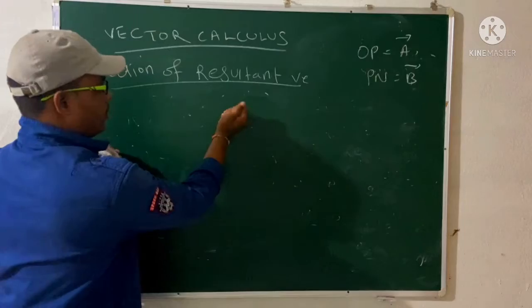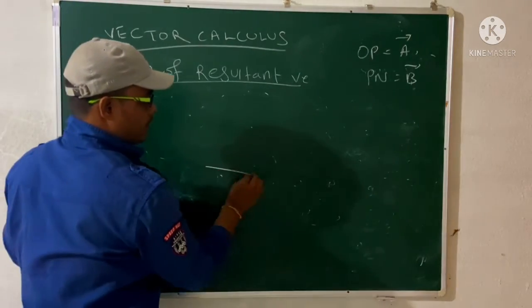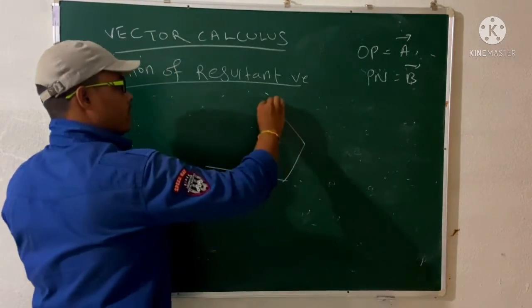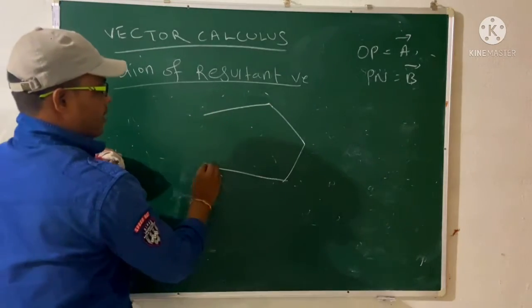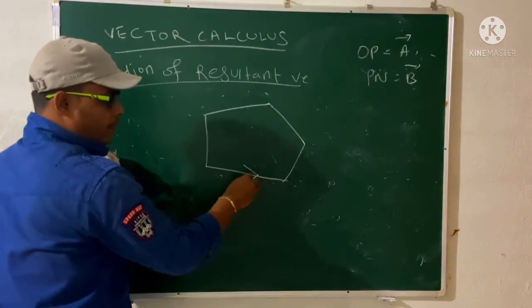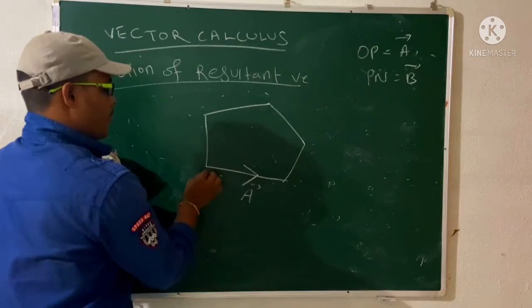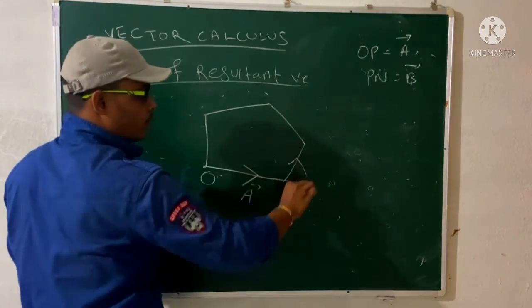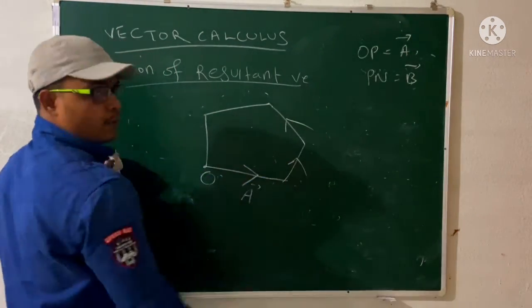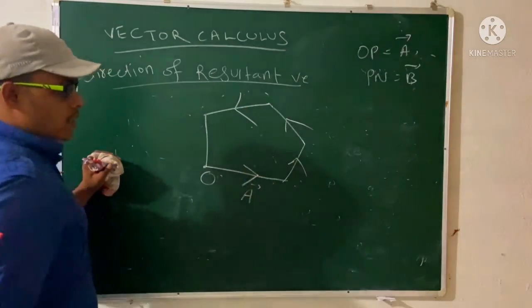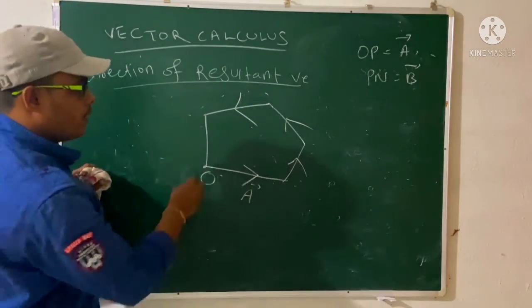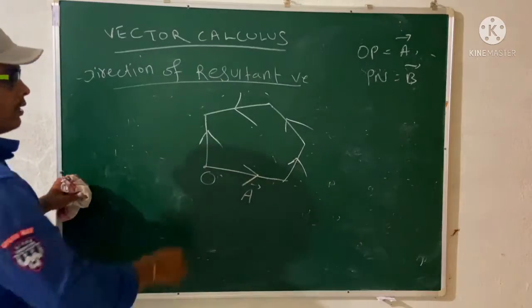Then remember, if this is the A vector, this is the B vector, this is the C vector, this is the D vector, and this is your resultant vector. The A vector is moving in this direction, and B vector moving in this direction, C vector and D vector in the circular direction, but the resultant vector moves opposite.